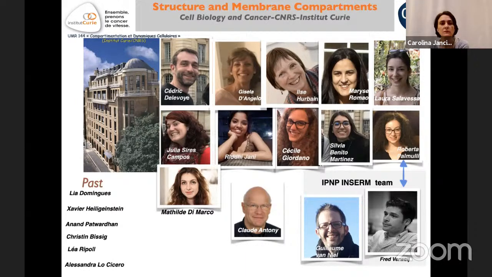Because I'm talking more for the Immunological Society, I'll take this example because this happened to me some years ago. We had cytotoxic T cells from patients, and these cells are very small, so it's very difficult to analyze by immunofluorescence. We just wanted to see what was the defect in the cytolytic granules.